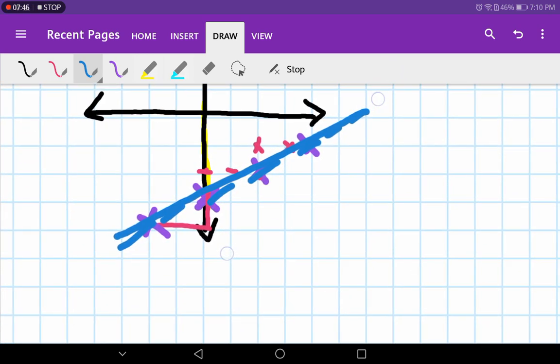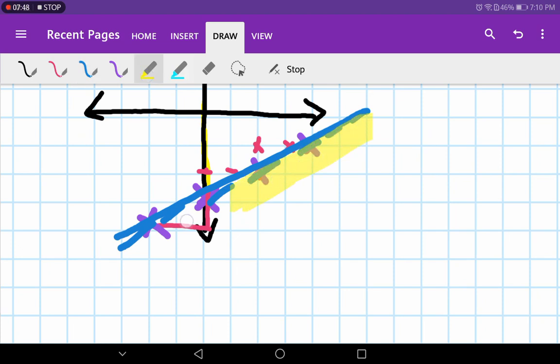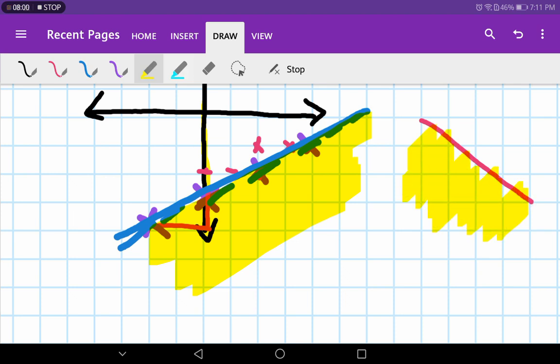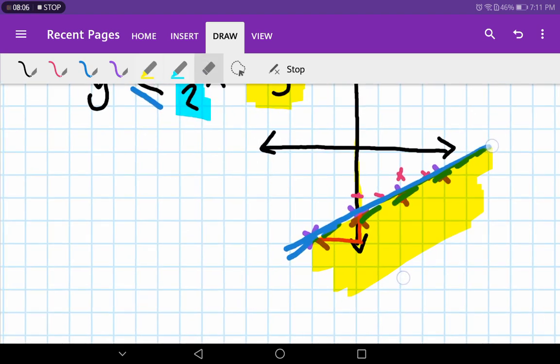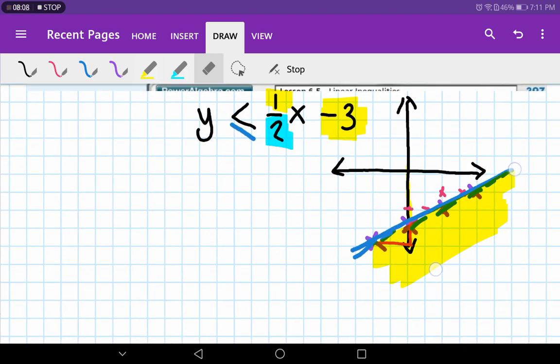So this is the line, my dear student. This is down the line, okay? Teacher, if the line is like this, where is the down? This is the down for this direction. Okay, so I determine the area for this inequality.